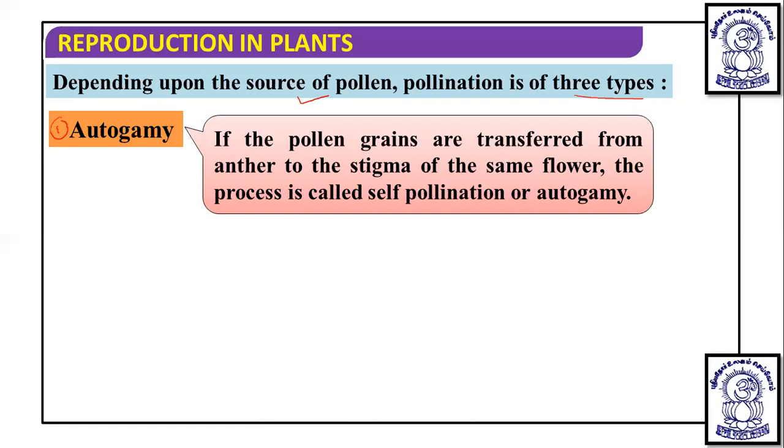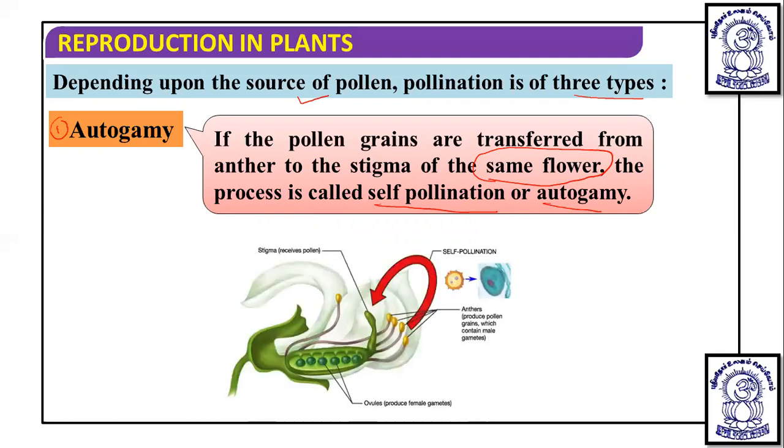If we define this, it is written that if the pollen grains are transferred from anther to the stigma of the same flower, dear students, please focus here, the same flower, then this process is known as self-pollination, or autogamy. It means one flower has an anther and a stigma, and the pollen grain transfers from anther to the stigma; that is simply defined as autogamy. You can see the same shown in this diagram.